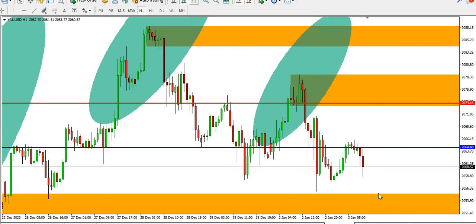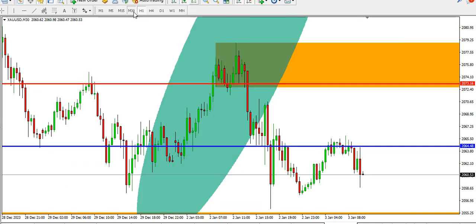Of course, we might be seeing a lower low very soon. So if you want to trade gold for now, try to sell gold for now, but don't hold on to your sell trade. You might look at buying in the long run, but in the short run, look at selling gold for now.